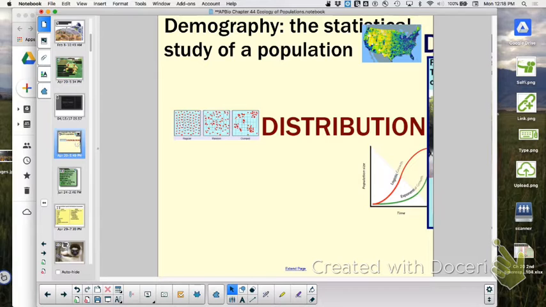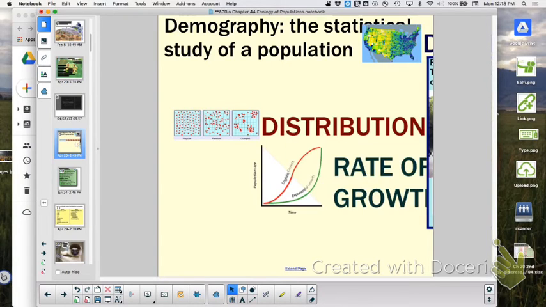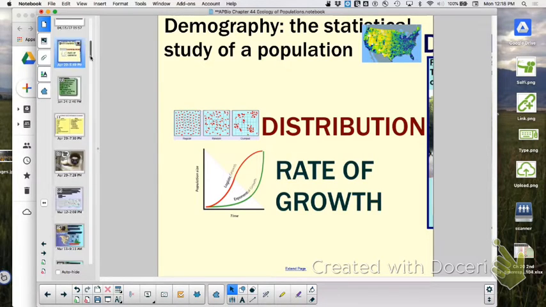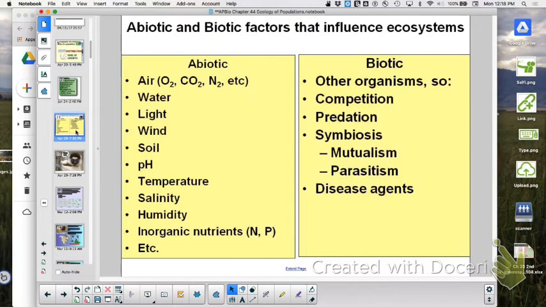Then the third part of it, we do need to understand the 2 rates of growth and what can impact those rates of growth. In order to understand that, you need to know about both biotic and abiotic factors. Abiotic factors tend to regulate what kind of growth curve? J-shaped, good.